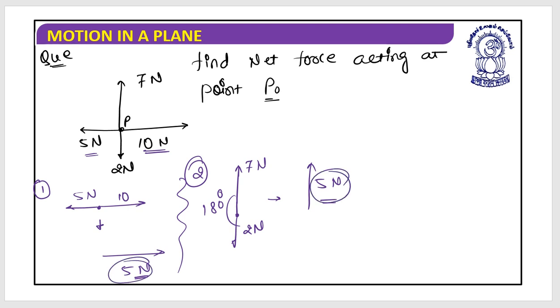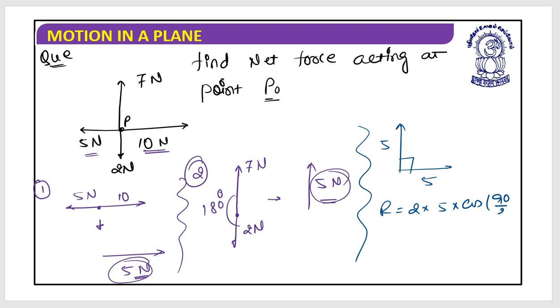It's a first, it's a second, and these two vectors are acting at a point P. So if these two vectors are acting at a point P, the situation would be something like this. It's 5, it's 5. So magnitude the same. Angle is 90 degree. R is equal to 2 into 5 into cos 90 by 2. It's cos 45. So this would be 5 root 2 Newton.